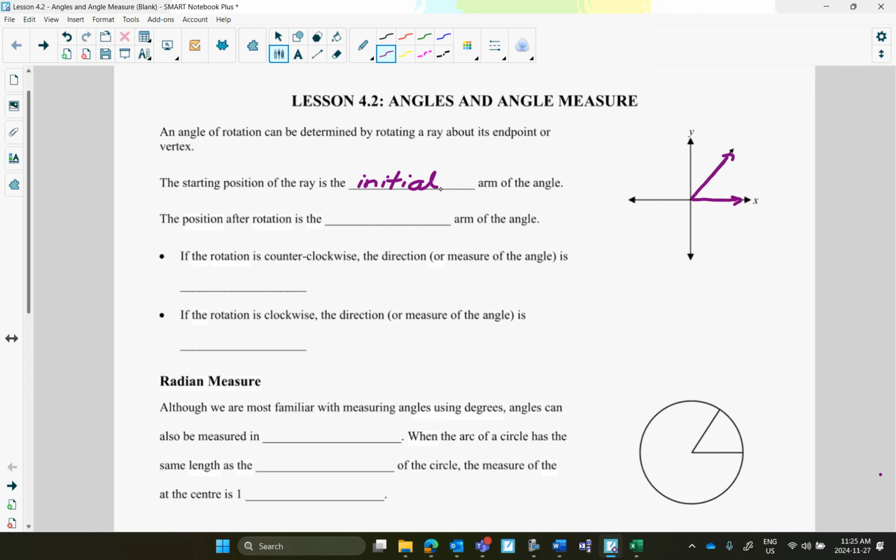And then depending on the angle we want to measure, the other arm, after we rotate it around the coordinate grid, that's the terminal arm. And then we measure from the initial arm to the terminal arm, okay? And we usually call that angle theta.